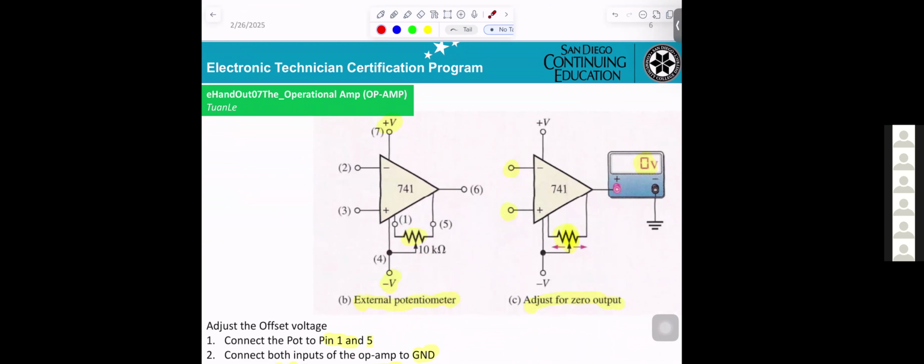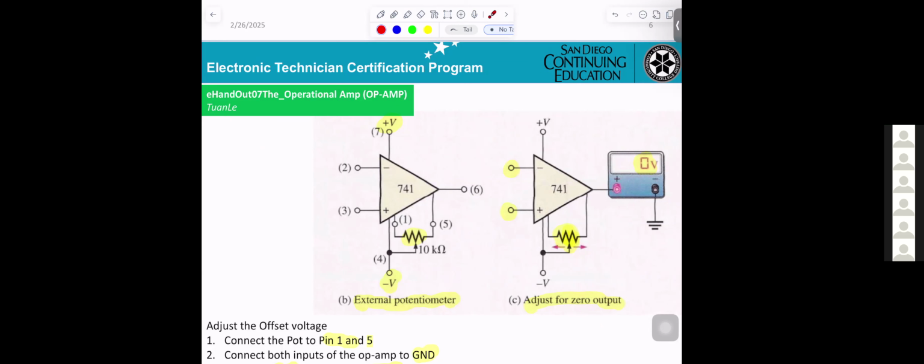You connect positive and negative inputs to the ground and look at the output; if it's not zero, you connect the potentiometer here and adjust this one until you get zero. That means adjust for zero output.